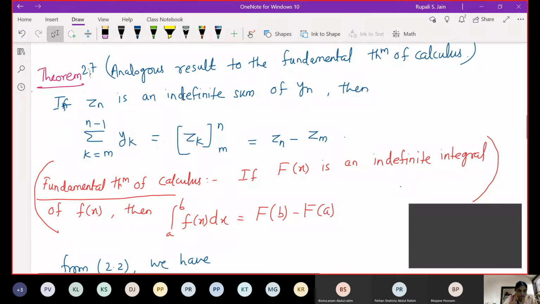Now I want to use this. From theorem 2.7 we have, can I copy like this?